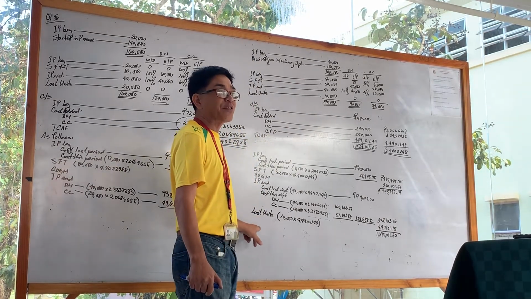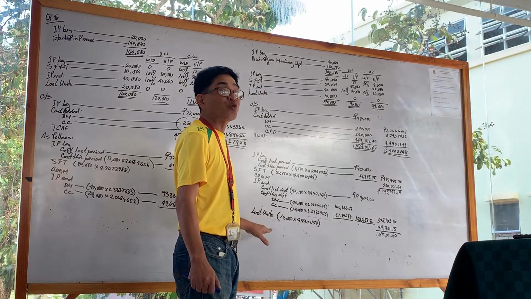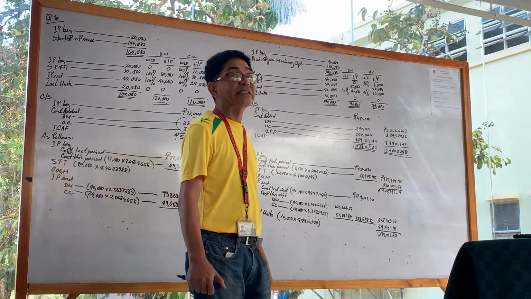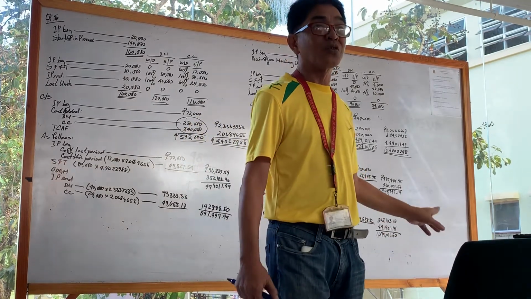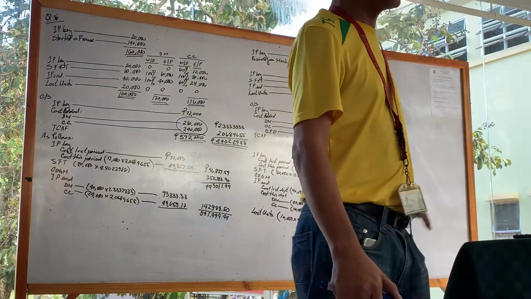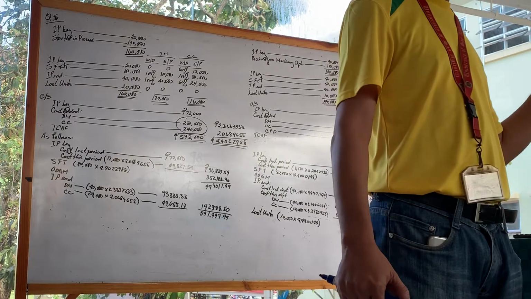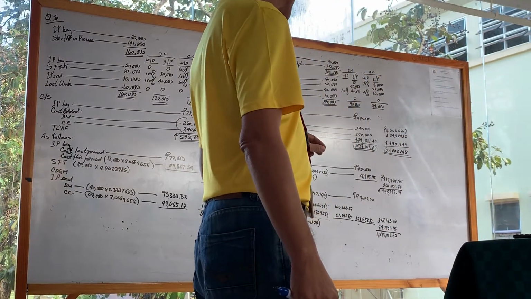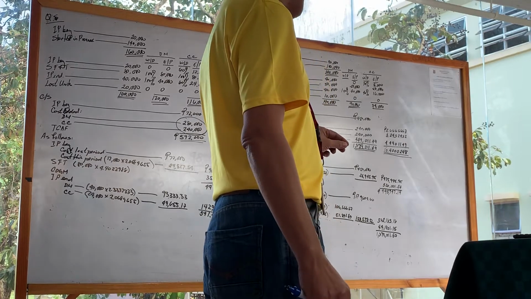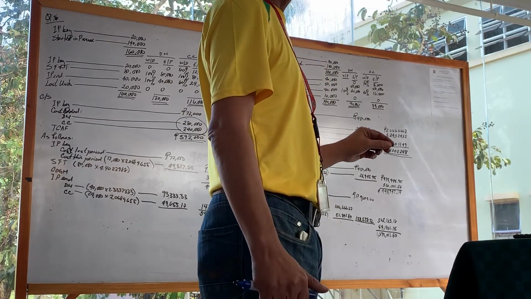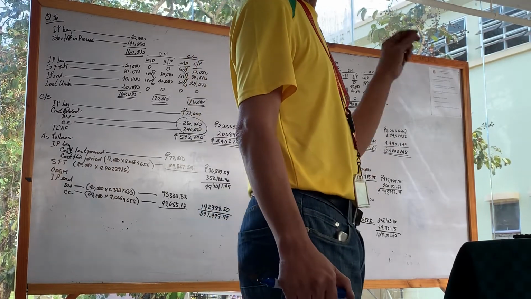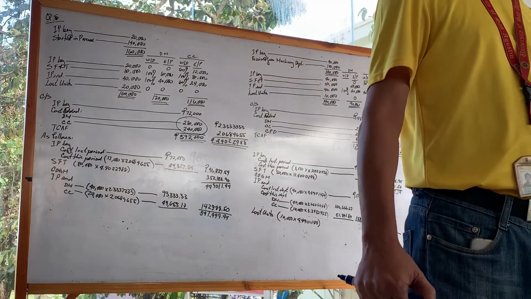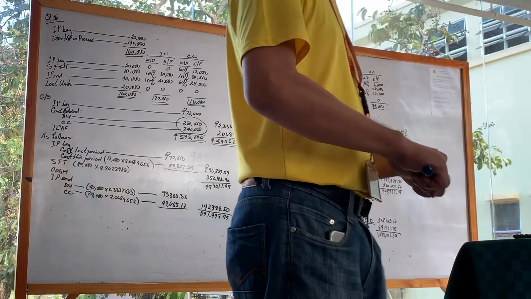Your entry for this is to debit factory overhead, spoilage goods or factory overhead, lost units, 44,901.15, credit work in process, finishing department.